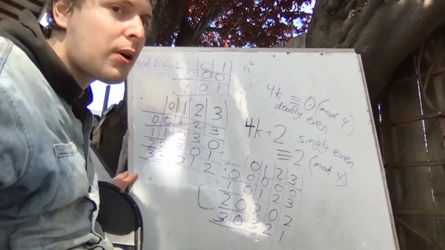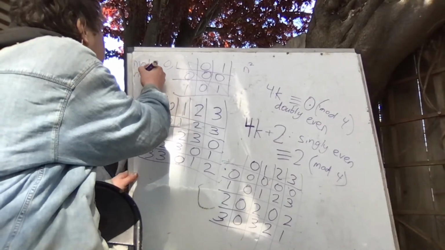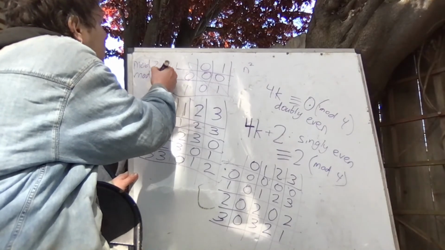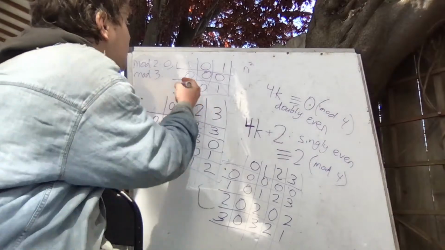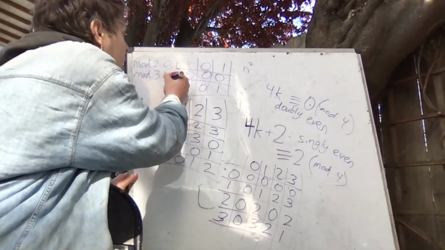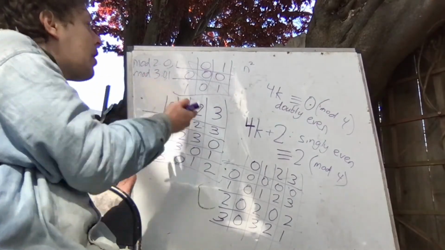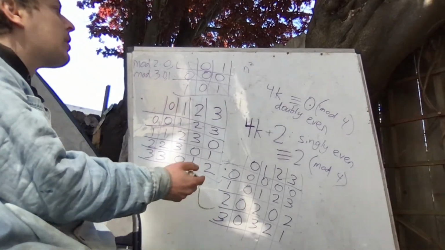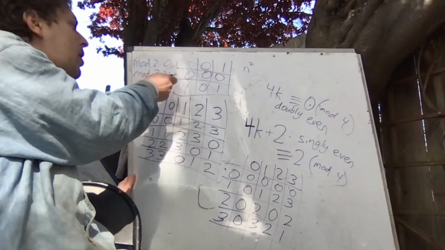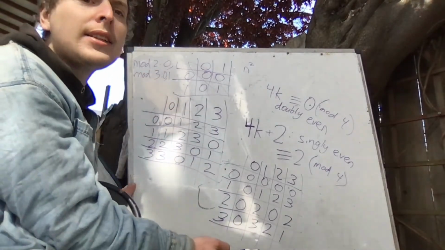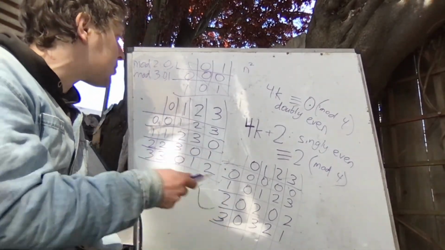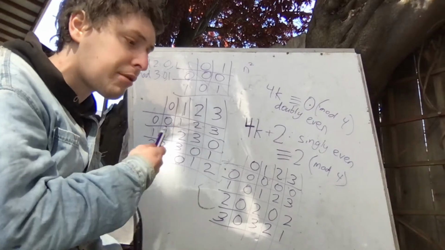If I look at the quadratic residues mod 3, we noted that 0 times 0 was 0, 1 times 1 is 1, but 2 times 2 got us back to 1 in mod 3. So really, square numbers could only be 0 or 1 in mod 3 also. That did give us a clue: square numbers cannot be 2, the type of odd.